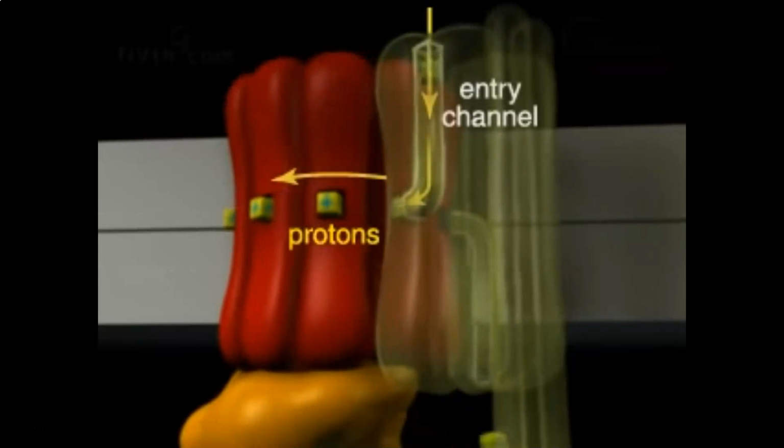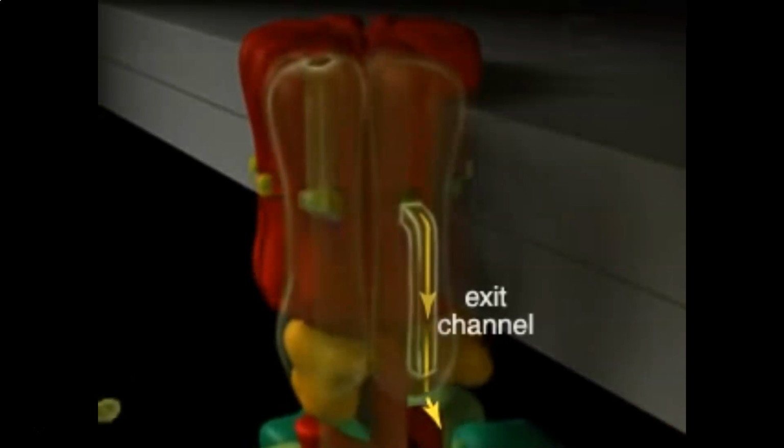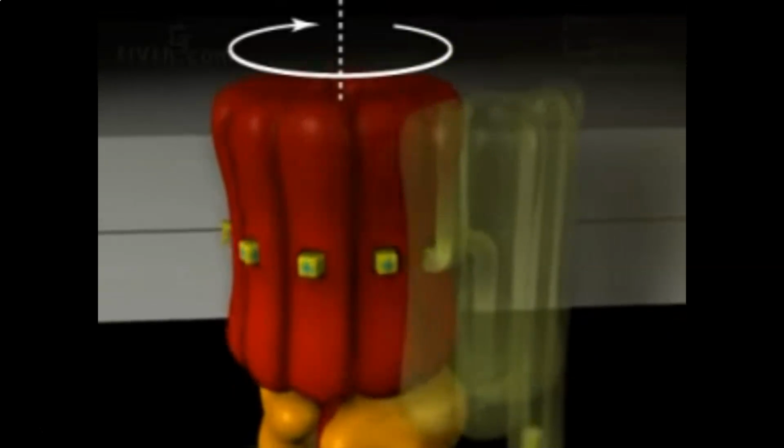It is thought that protons flow through an entry open to one side of the membrane and bind to rotor subunits. Only protonated subunits can then rotate into the membrane, away from the static channel assembly. Once the protonated subunits have completed an almost full circle and have returned to the static subunits, an exit channel allows them to leave to the other side of the membrane. In this way, the energy stored in the proton gradient is converted into mechanical rotational energy.